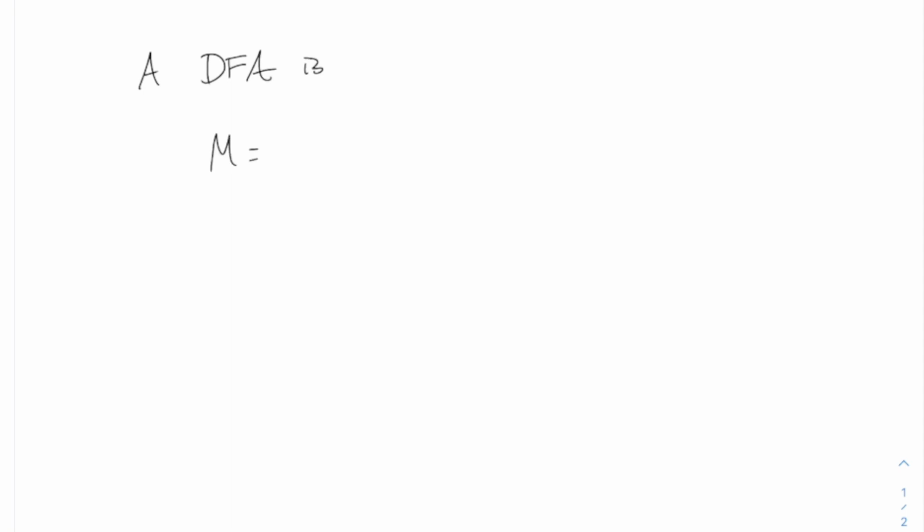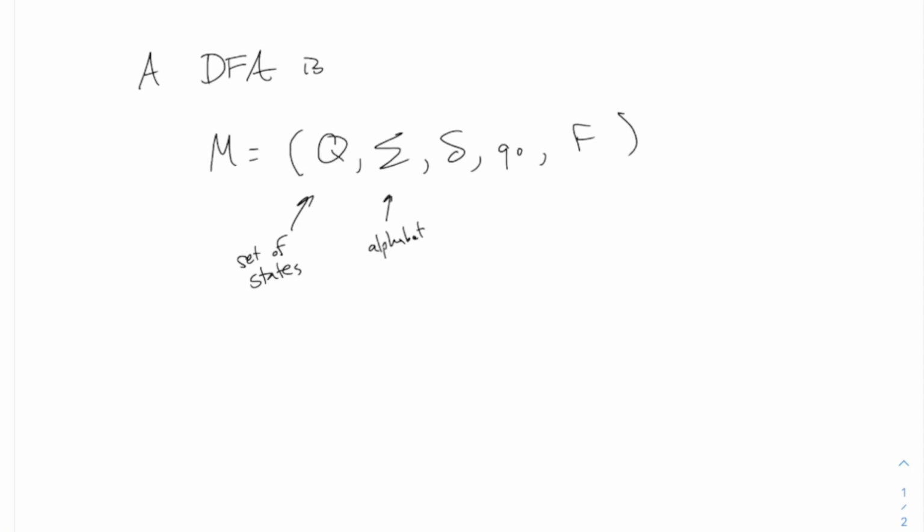If I call the machine M, it is Q, sigma, delta, Q naught, and F, where the big Q is the set of states, the sigma is the alphabet, the delta is the transition function, the Q0 is the starting state, and the F is the set of acceptance states.